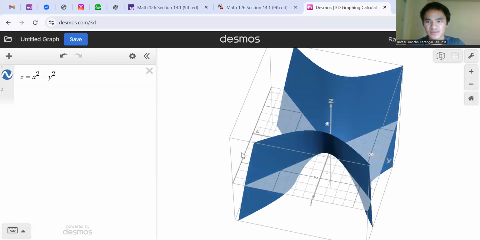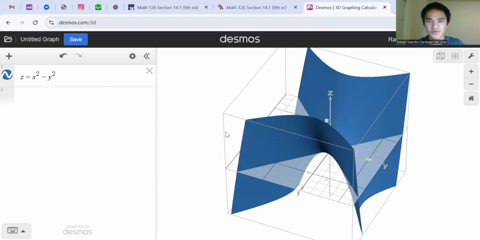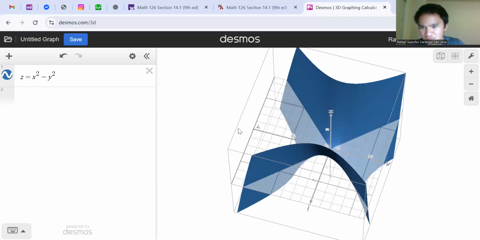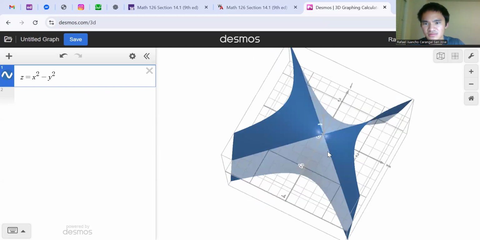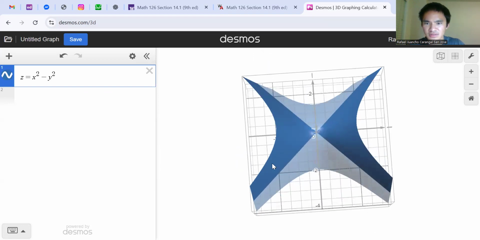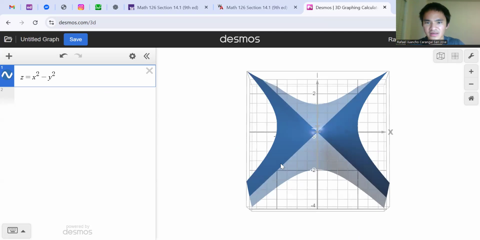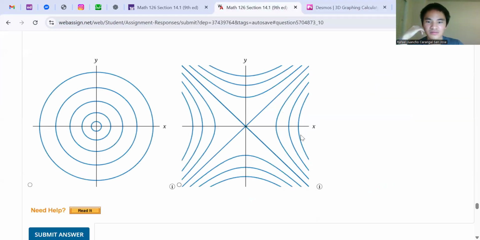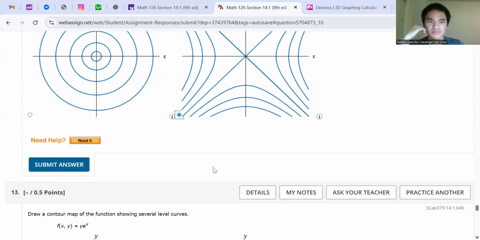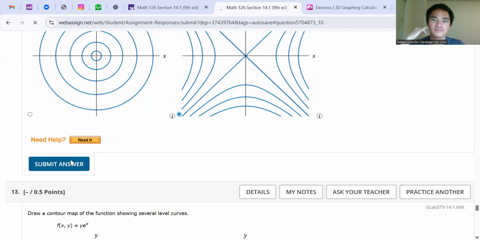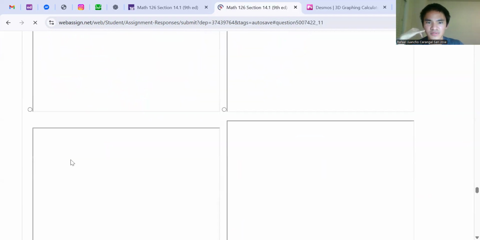There we go. So if I look at my XY plane like this, oh my goodness. So it looks something like that. Oh, it's a hyperbola. It's probably that. Yeah, it's this. Right?